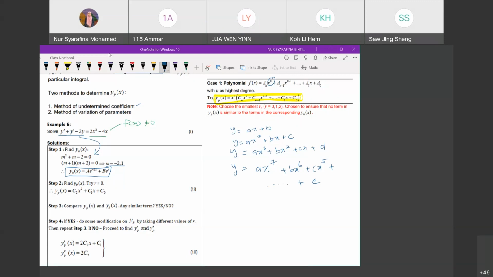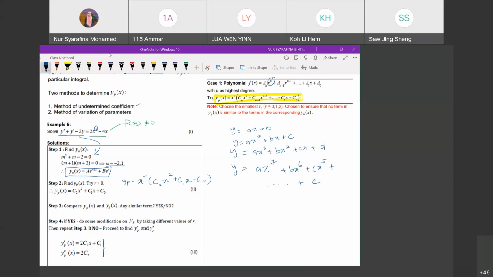What is n? n is the highest degree, and the highest degree here is 2. So your YP equals x^r times (c_2 x squared plus c_1 x plus c_0). You need to use the full form. Understand or not?